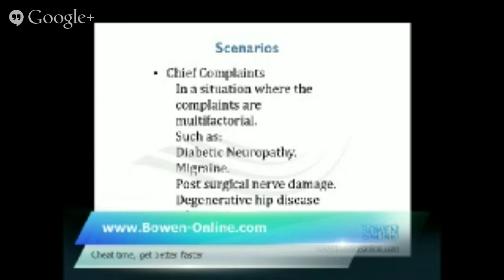Okay, so other things to consider are the types of conditions that are not so injury oriented. We might have a person come with many different problems and health concerns. Here's a list of very typical clients' problems: diabetic neuropathy in the lower limbs. They may have migraines, post-surgical nerve damage, degenerative hip disease, and in these conditions you might see other areas or joints where the body is affected.